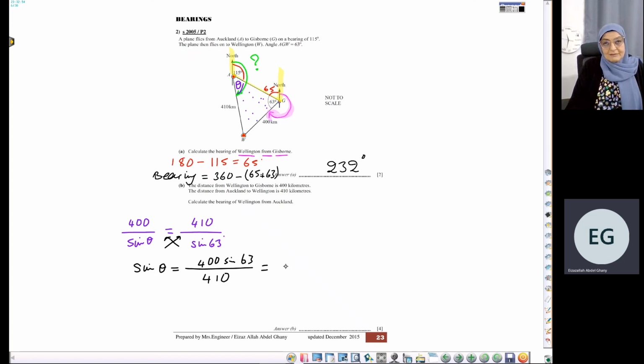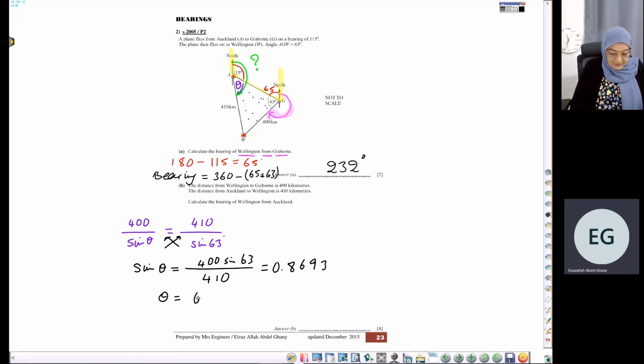Expect that the sign is positive because all inputs are positive, and expect it should be less than 1. It is 0.8693, 4 decimal places. If you need to find theta, it is sine inverse, so shift sine answer equal.